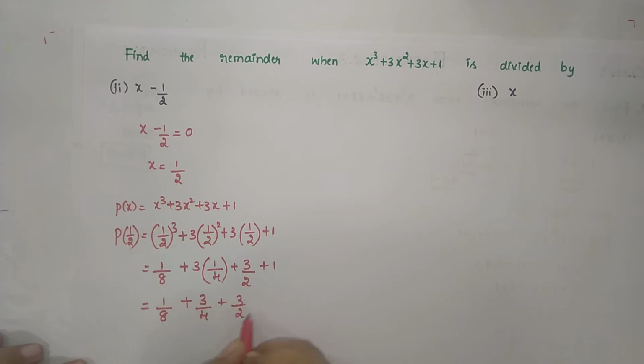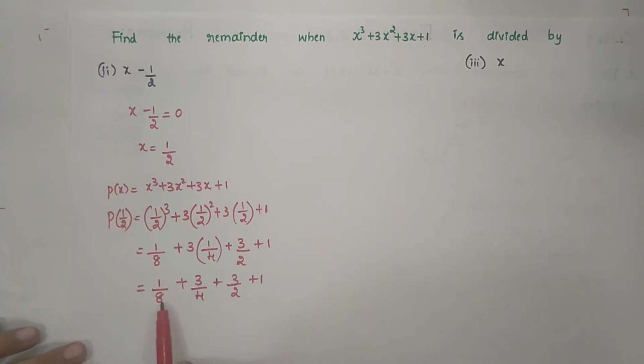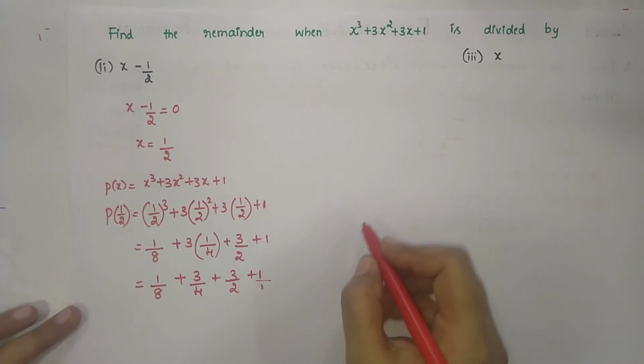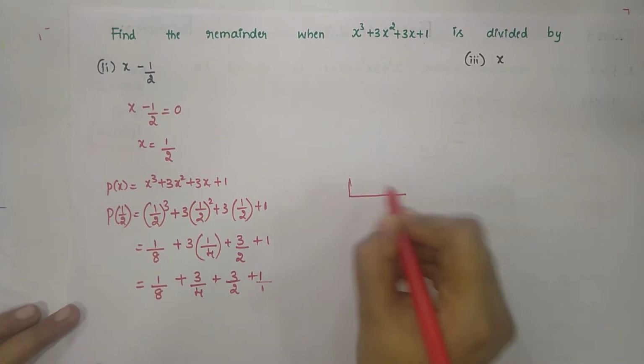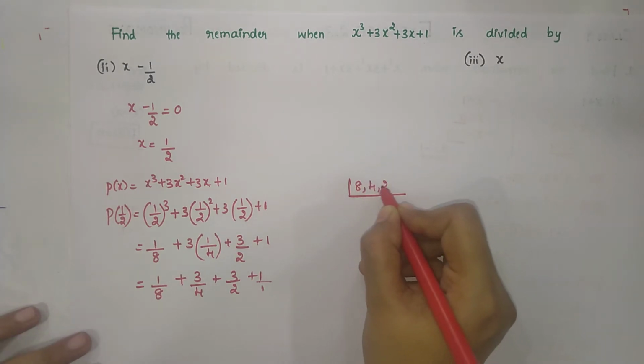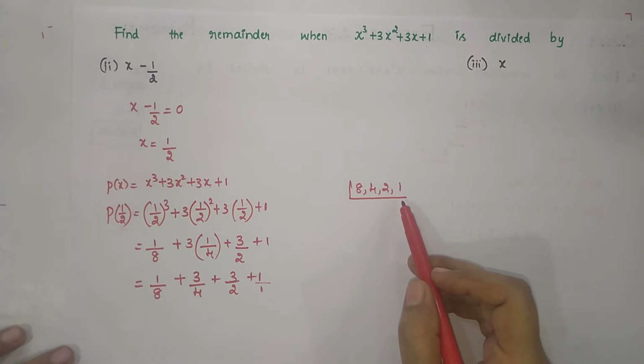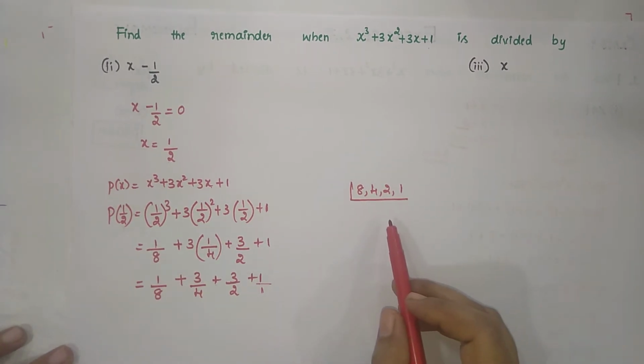So now to simplify you have to take the LCM of 8, 4, 2 and 1. Since 1 is nothing but 1 divided by 1, we have the LCM of 8, 4, 2 and 1. And since you all have studied about how to take the LCM of numbers, I am not going to explain that here.